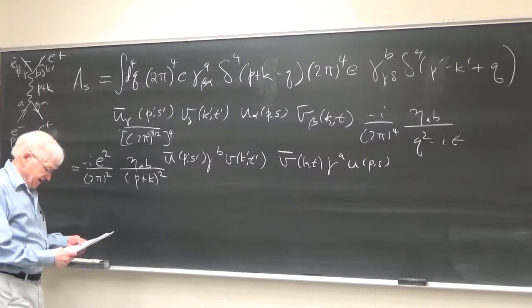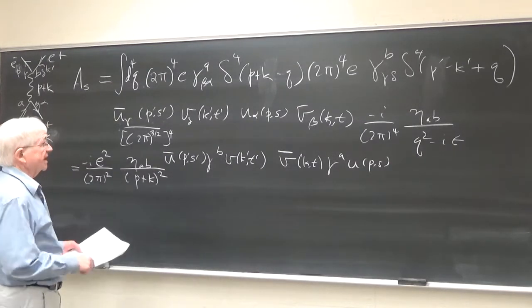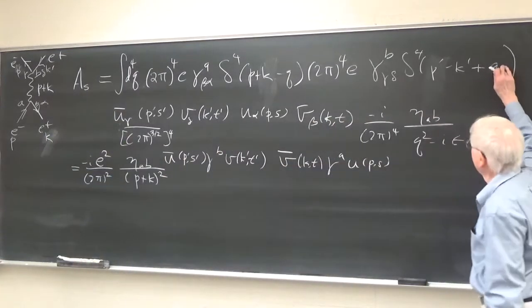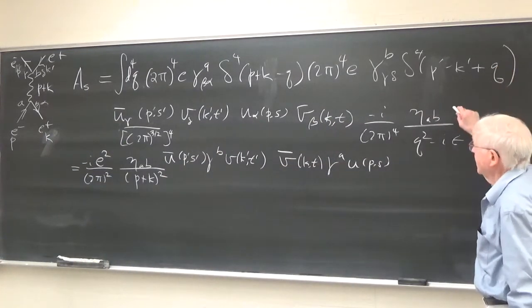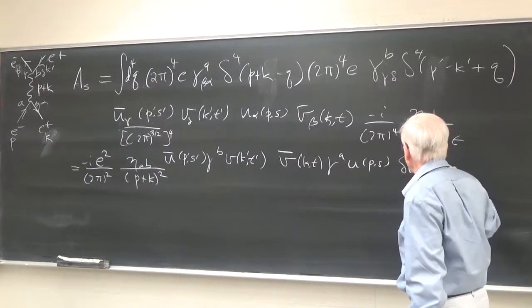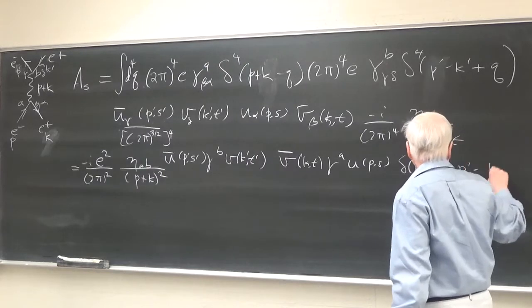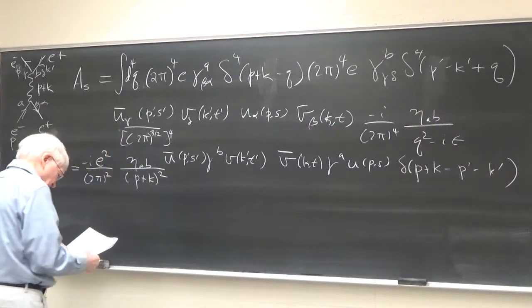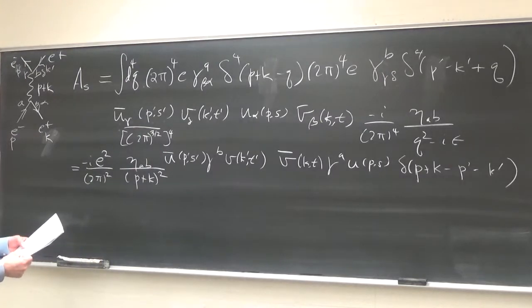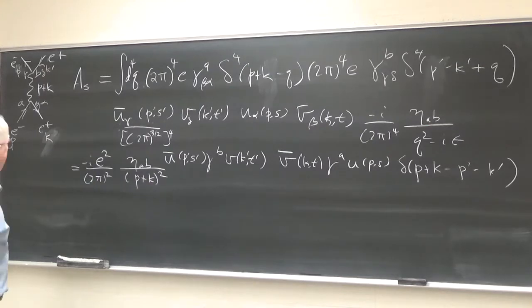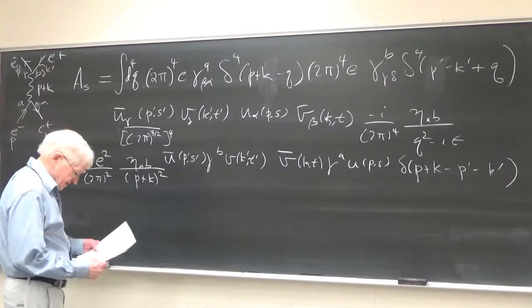And I think that is the whole story, apart from the fact that we have to substitute for q, p plus k here, and so we have the energy-momentum conserving delta function, p plus k minus p′ minus k′. Now let's see, is there anything I left out? No, I think that is it. So that's the Feynman rules for the direct process.